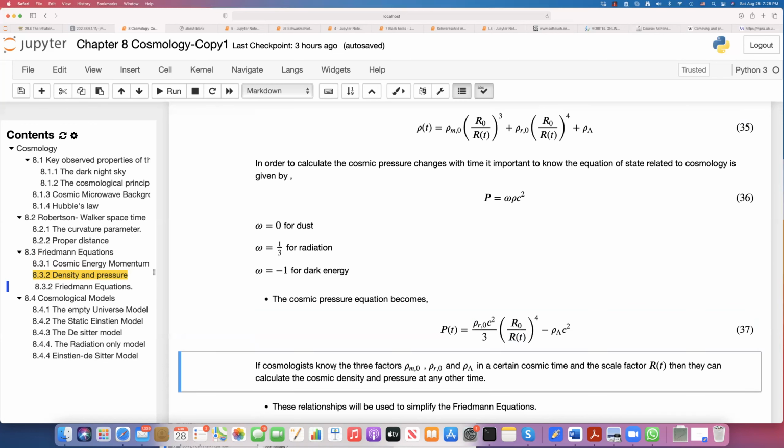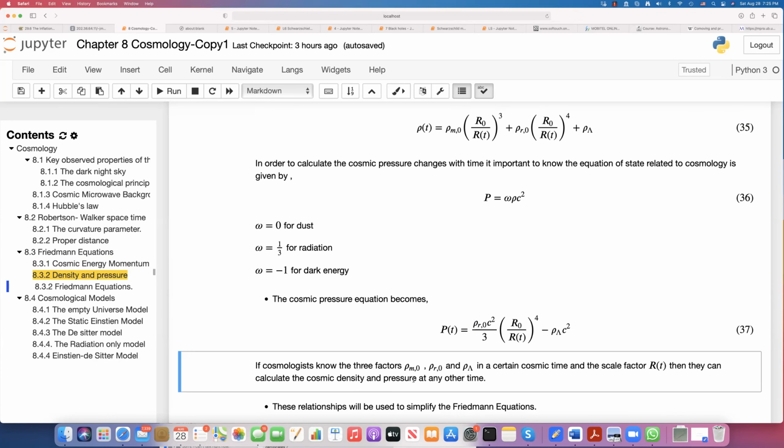If cosmologists know the three factors, matter, radiation, and dark energy densities at a certain cosmic time, let's say the time right now, and how the scaling factor R(t) changes, then they can calculate the cosmic density and pressure at any other time.